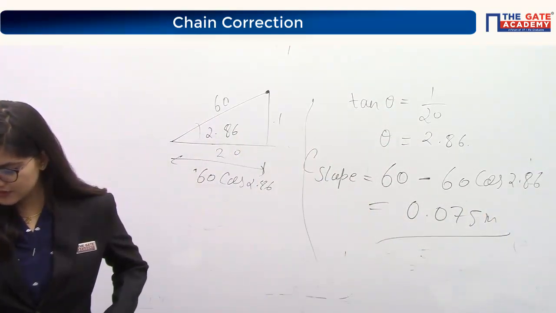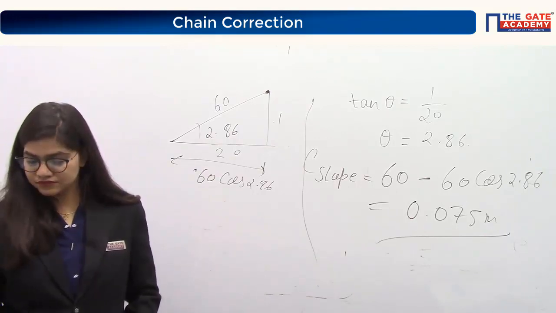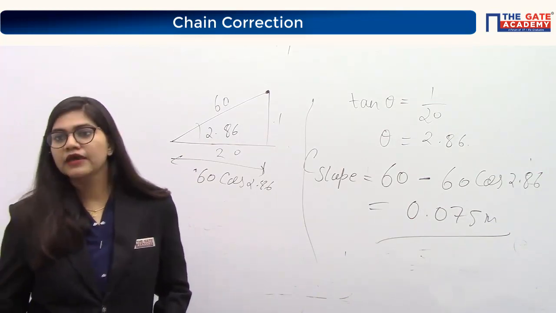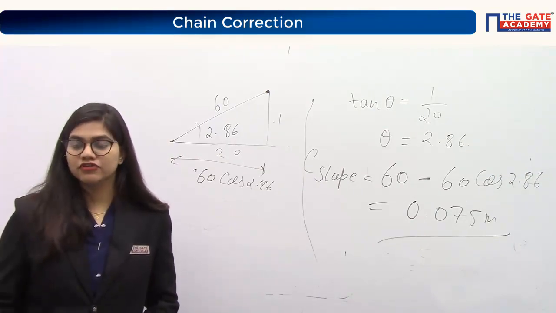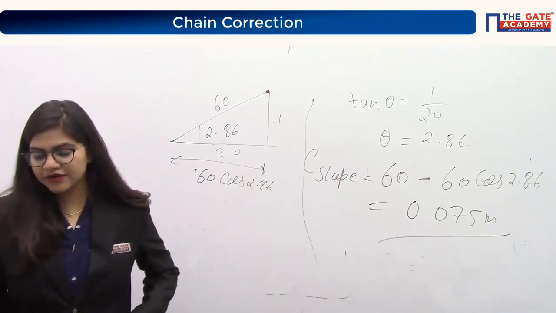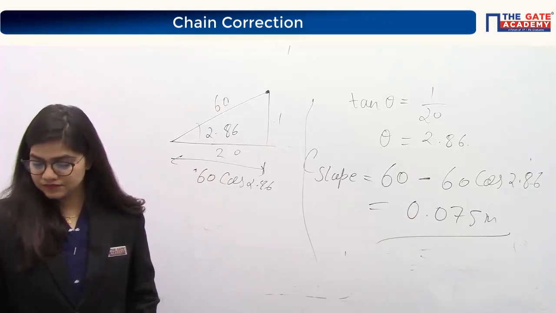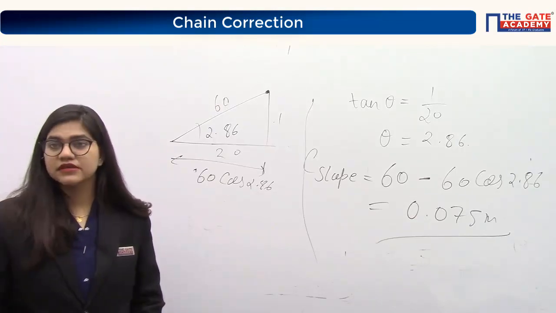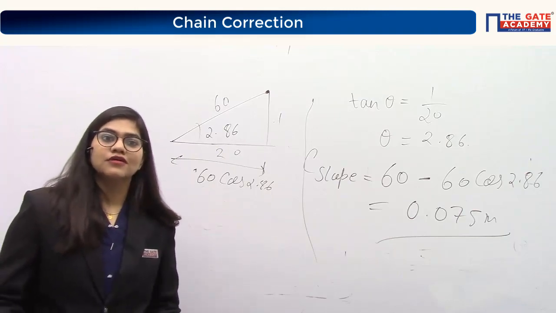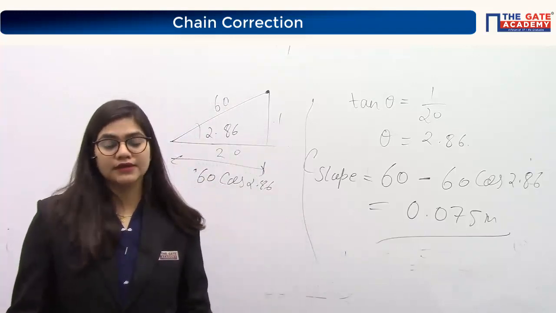One more question is there. The length of a baseline measured on ground at an elevation of 300 meter above mean sea level is 2250 meter.